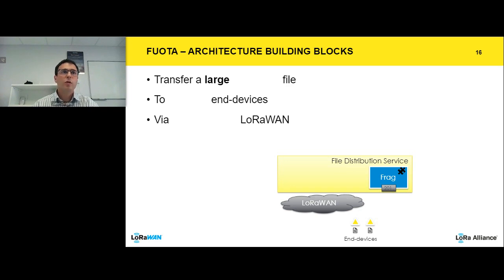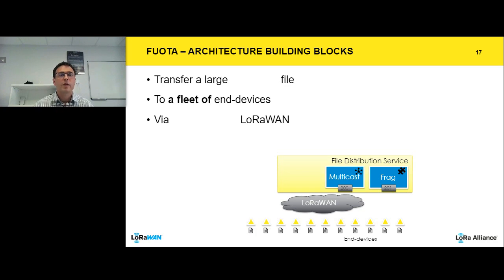So we want to transfer a large file to end devices via LoRaWAN, but we actually want to transfer to many end devices, to a fleet of end devices. So instead of sending many fragments to each end device individually, we designed a specification which enables to create and maintain a multicast session over multiple end devices.